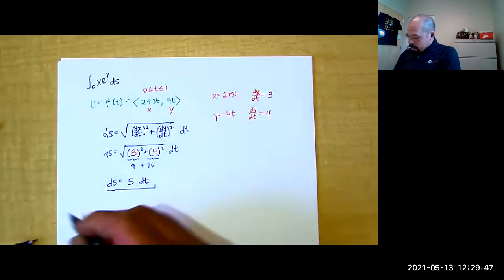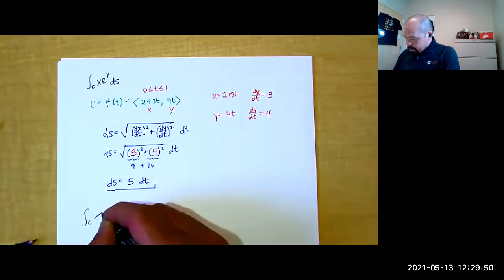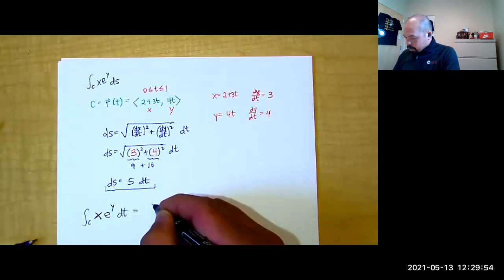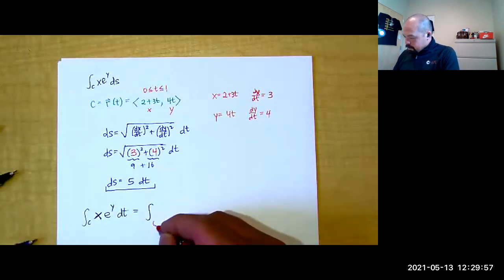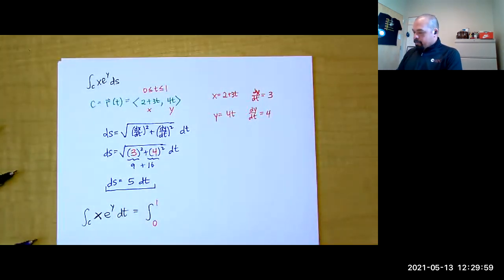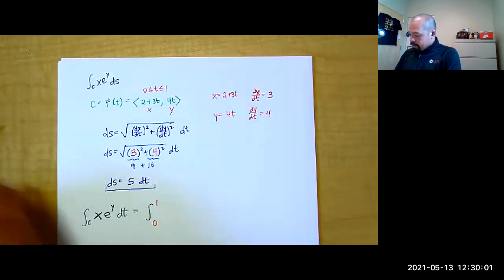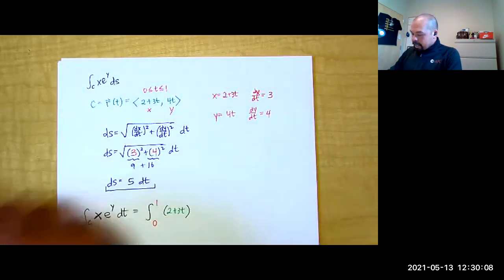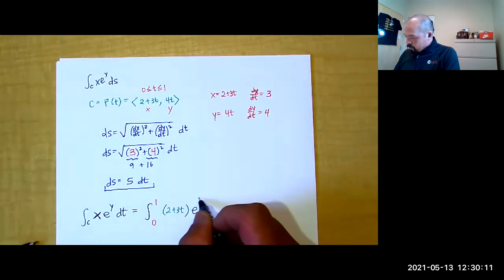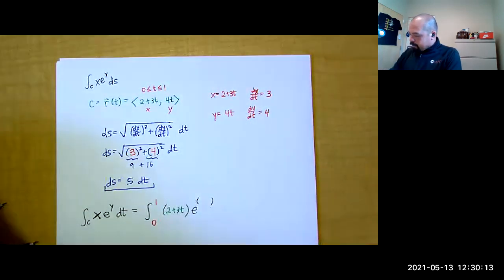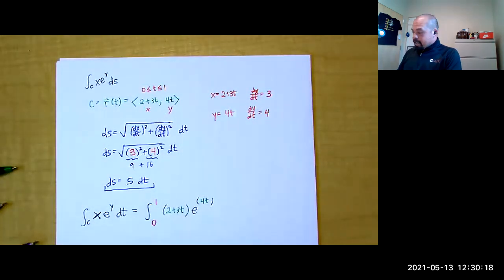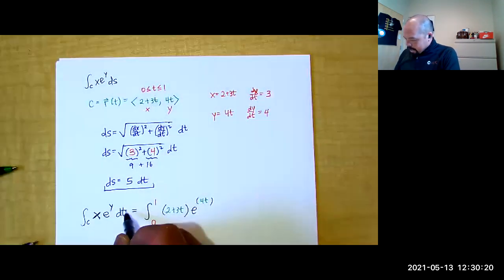So when I start to rewrite them, this becomes this integral from 0 to 1, x, which was 2 plus 3t, e to the y, which was 4t, ds.